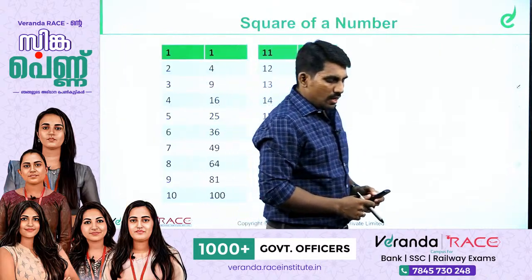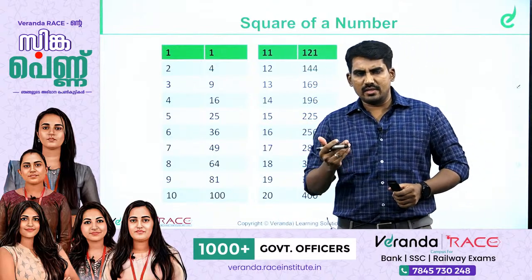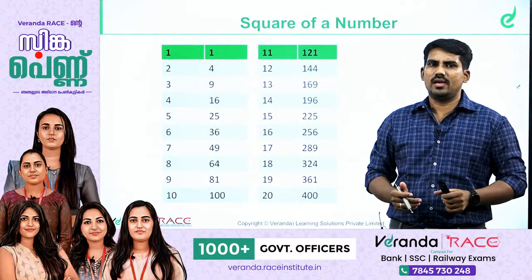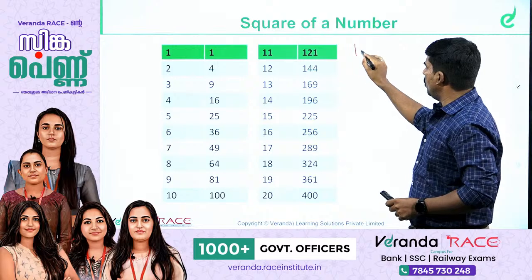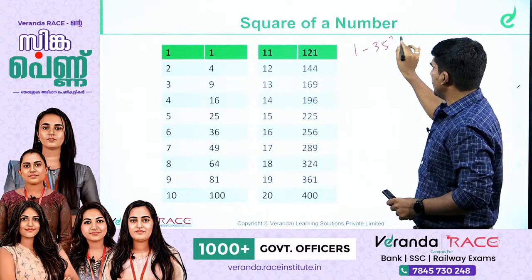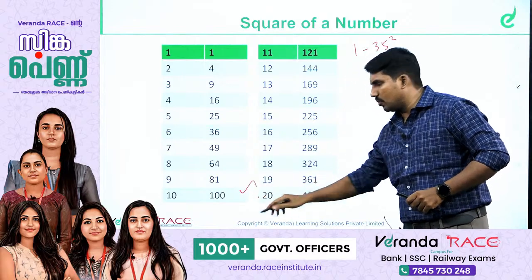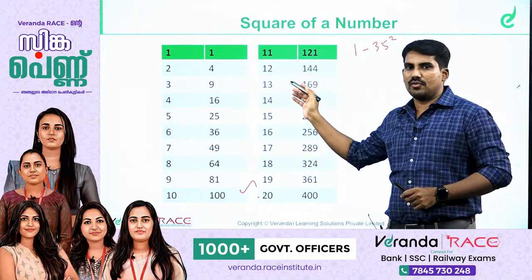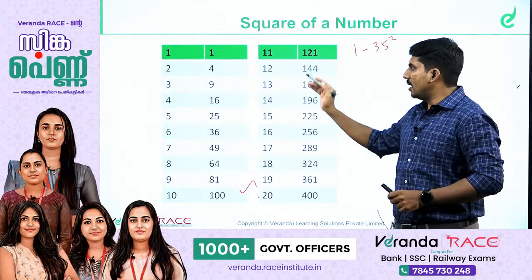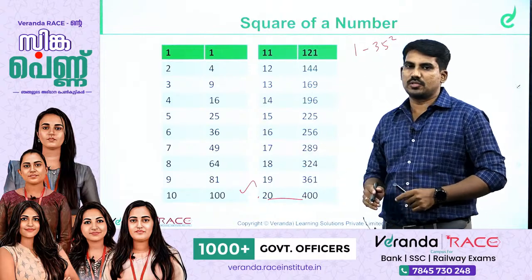Now, for any competitive exam, either it is bank exam or SSC, railway, it is safe to study up to 35 square. See, this already everyone knows. Up to 10 square everyone knows. Now, 11 square is 121, 12 square 144, 13 square 169, like that. Some people who are preparing know this very well, up to 20 square.